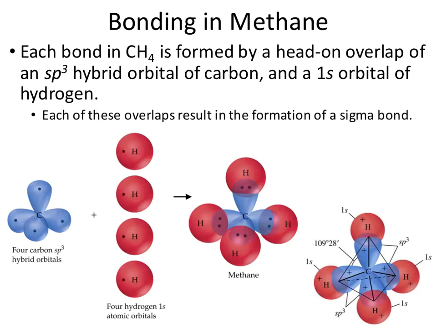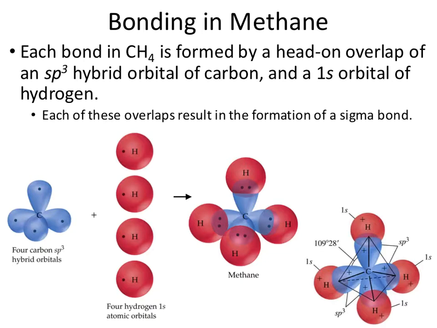So when it comes back to methane, what we know is that here we have our sp3 hybridized orbitals in terms of our carbon. So now carbon has four unpaired electrons, all of exactly the same energy. And then we have our four hydrogen atoms over here. When these two come together, you'll see that we have an electron here and an electron here, and they're going to join up to have their spin pair and create our methane.